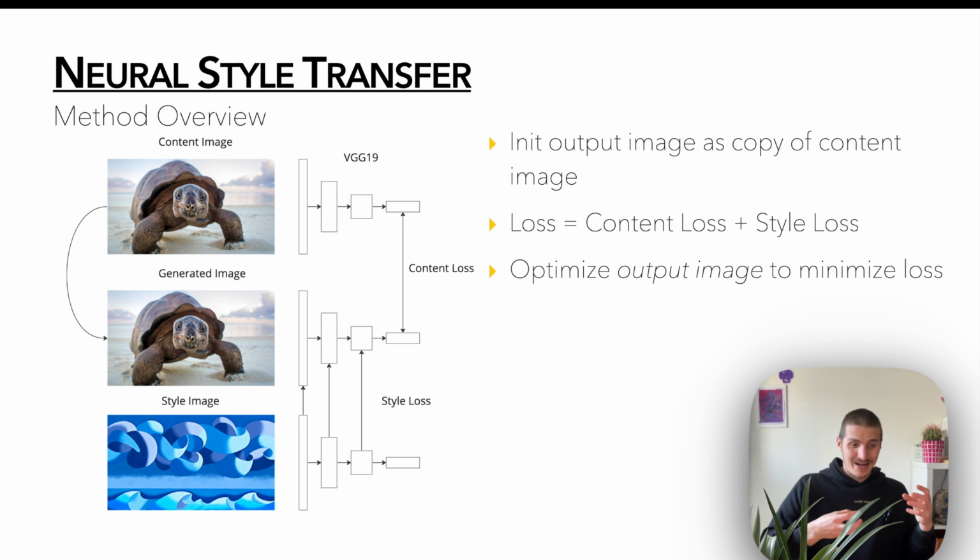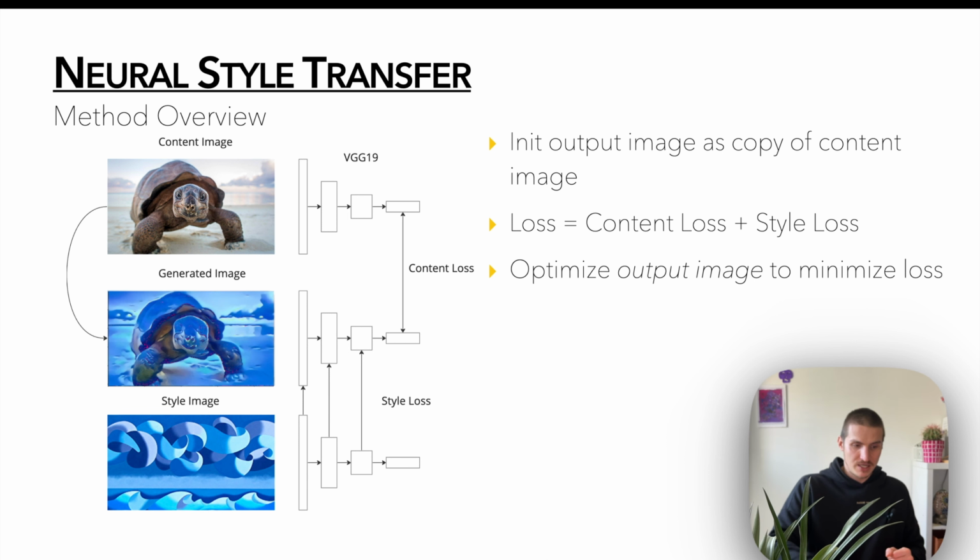But we no longer care where they are. We just want to see some waves in there, some paintbrush strokes, and so on, but we don't care where. And we optimize the generated image. This is the same as training and changing the parameters of the network, but now instead of the parameters of the network, we change the picture itself.